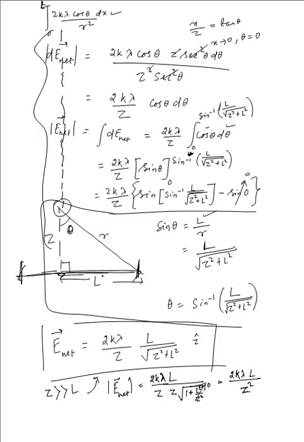Now 2L is the length of that entire thing, and that length multiplied with that charge per unit length is simply the charge itself, that is, lambda times 2L is Q, because the charge distribution is over the entire length 2L. So we get kQ divided by z square. So what does this mean?